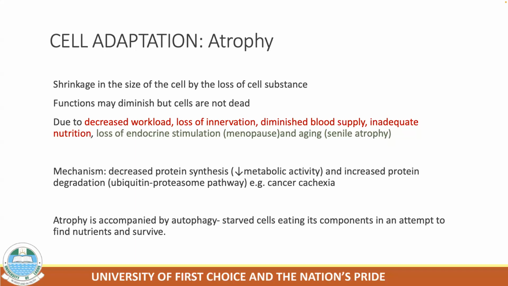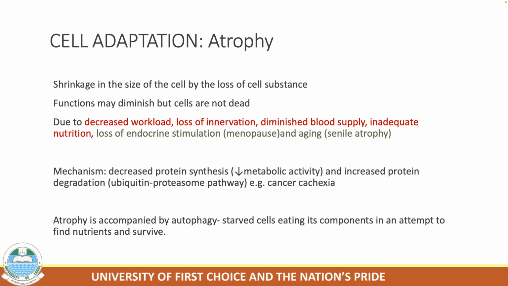And this can happen due to decreased workload, loss of innervation, for example, due to trauma to the upper hand. There have been situations where individuals have lost the use of their hand through vascular complications, leading to loss of innervation and diminished blood supply.